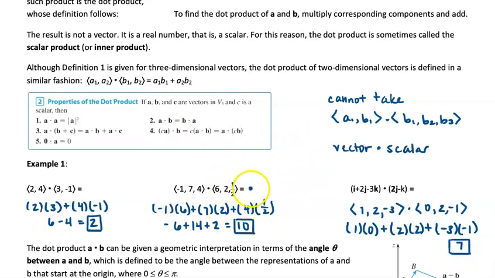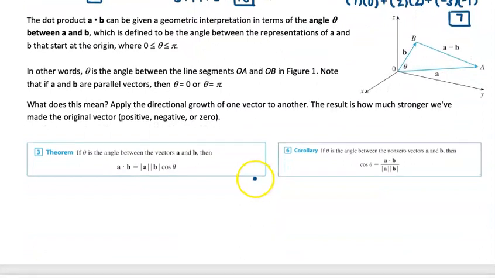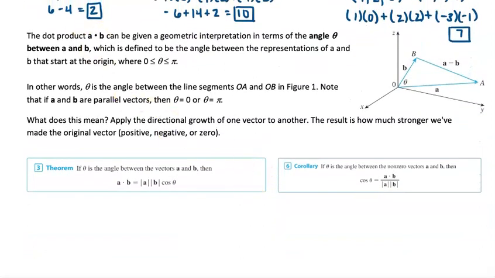So now that we've gone over the method for computing a dot product, let's talk about what this actually means geometrically. So geometrically, the dot product can be given in terms of this angle theta. And we just use the origin as a starting point because it's a little bit easier, but remember now, it does not matter where vectors originate, it just matters what their magnitude and direction is.